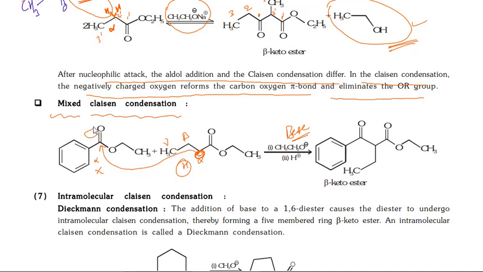Then the pi bond shifts to oxygen, giving O minus. In the next step, O minus comes back and this group leaves. So you can see benzene C double bond O is there as it is. I am giving this to avoid confusion.